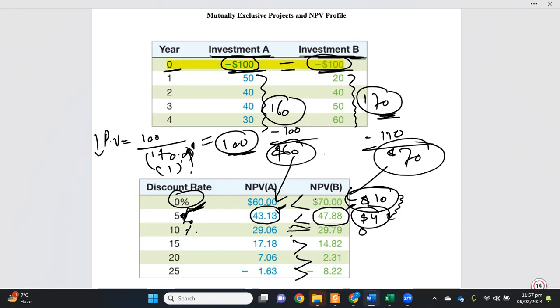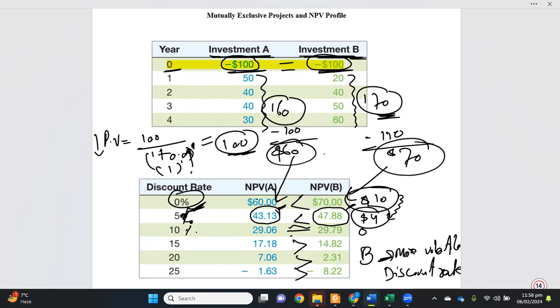In this case, Project B is more volatile, more risky, with respect to changes in discount rates. As discount rates change, there is a major increase and decrease in Project B.